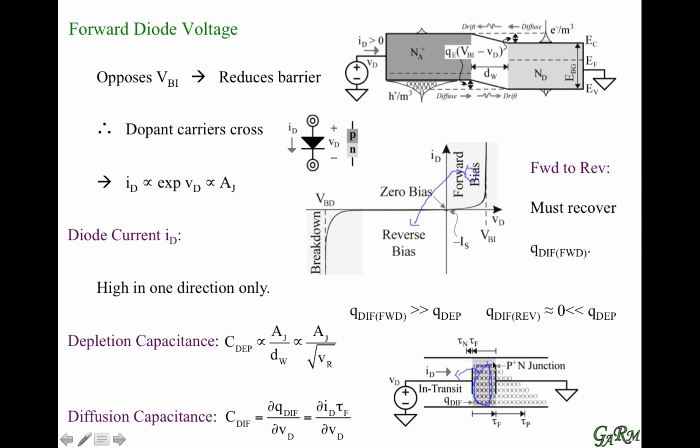So that's what engineers refer to as reverse recovery. Basically, when we recover the reverse bias conditions, we're going to need to pull back and drain all these charges. So that's something to consider, because that requires current, and it also requires time, and that current is flowing in the reverse direction. So reverse current is momentarily very high.